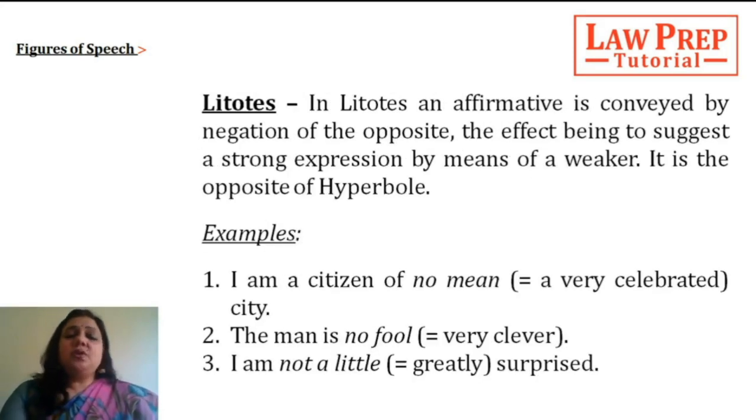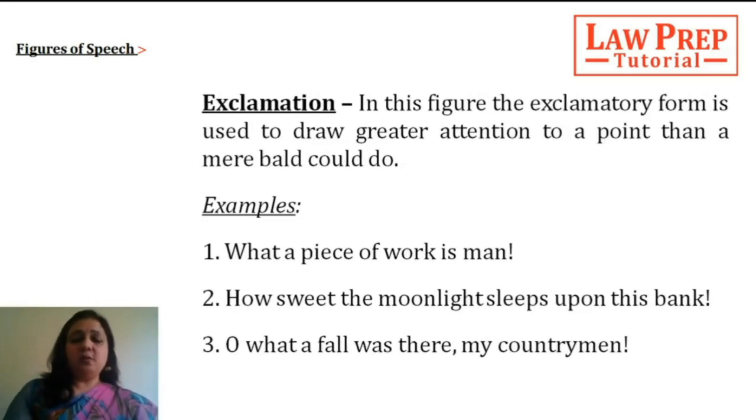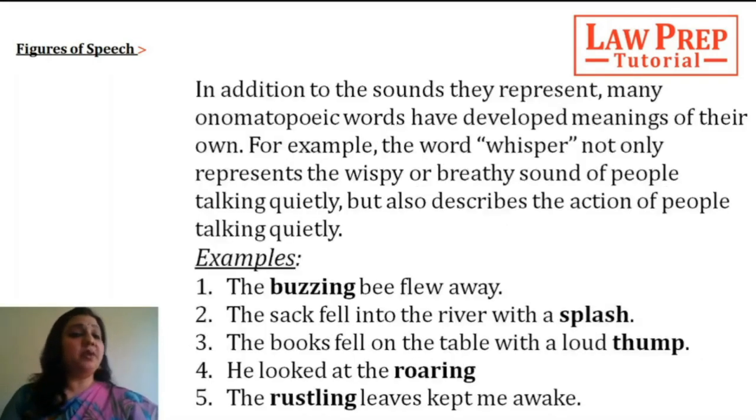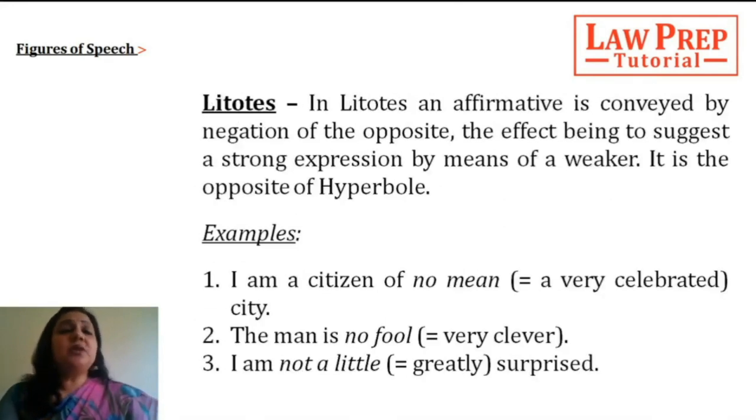Now turning to litotes. Before I explain litotes, a simple explanation. I have some questions on further exclamation, anticlimax and onomatopoeia for you to do. But before that, litotes is where the sentence is written in the negative, but the meaning is positive. I repeat, the sentence is written in the negative and the meaning is positive.